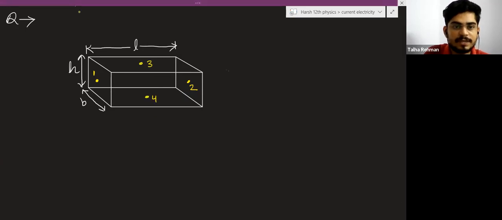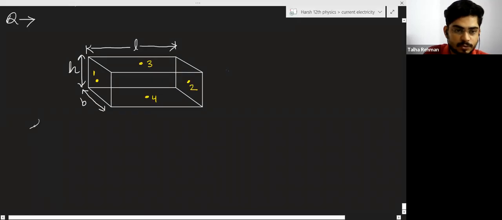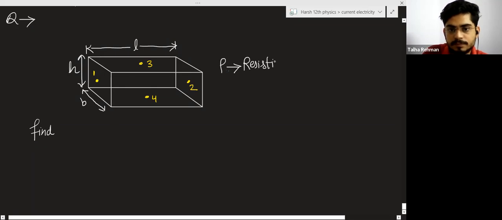We have to find the resistance between points 1 and 2, and also resistivity of this material is given. Rho is the resistivity of the material of this cuboid.